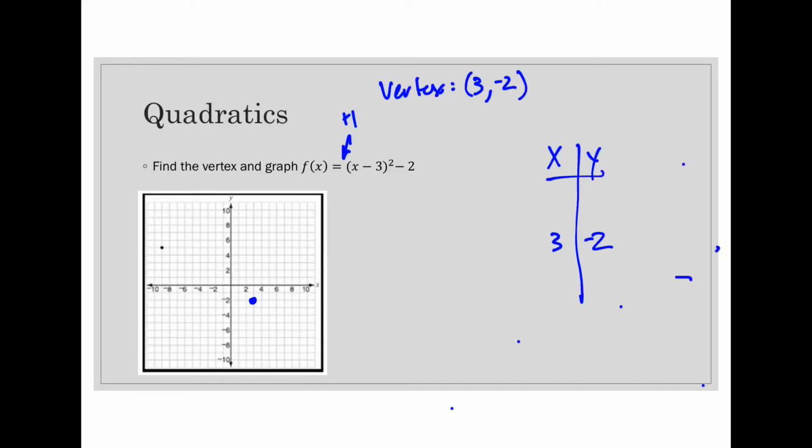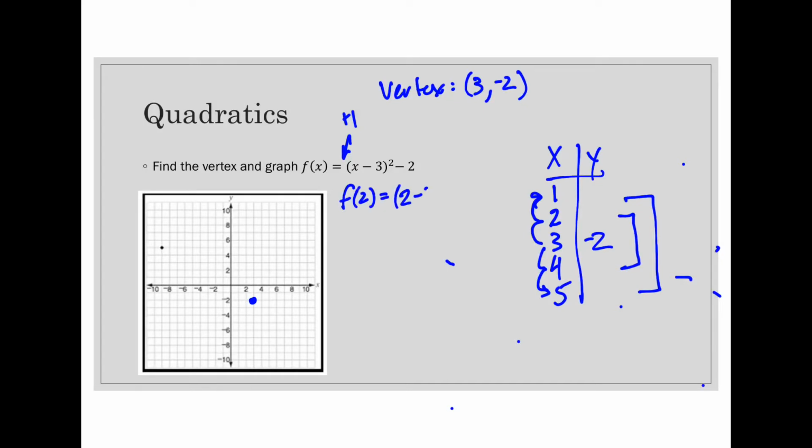All right, so with 3, let's go ahead and plug in 2 and 1, and then 4 and 5. Notice I just went to the left a couple and to the right a couple. And we should expect these two to match up and these two to match up. So plugging in and finding f of 2, it's nice to be able to work with some positive numbers here. 2 minus 3 squared minus 2.